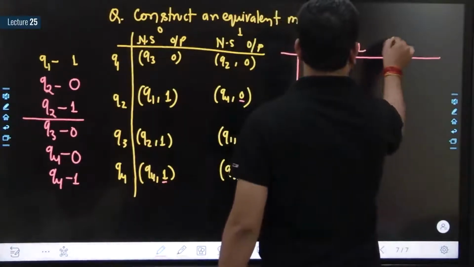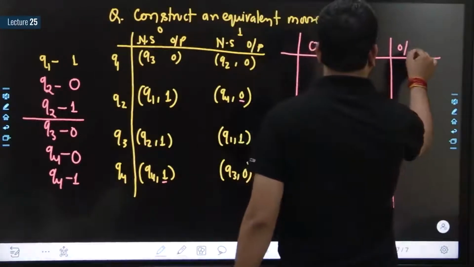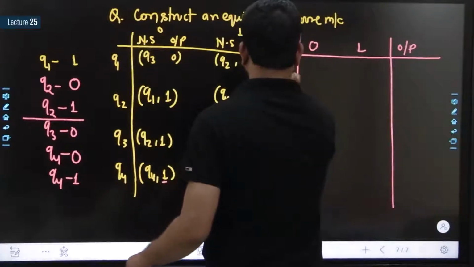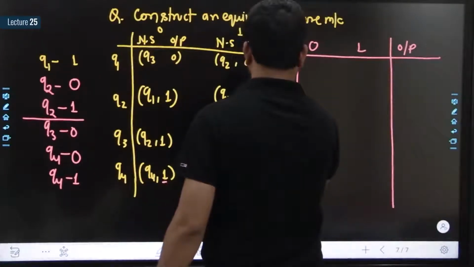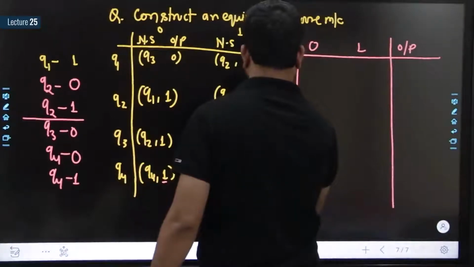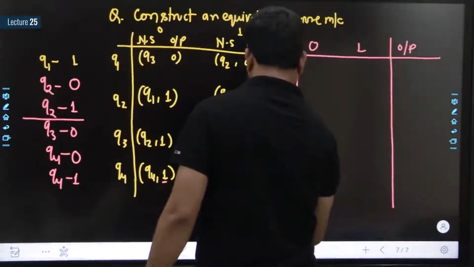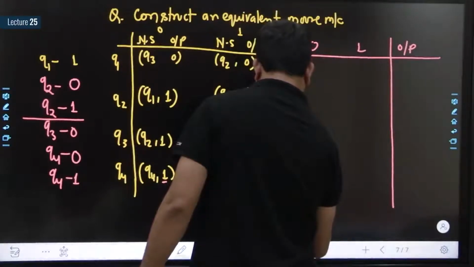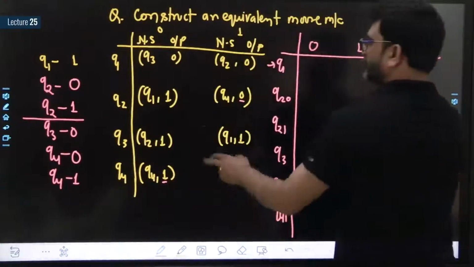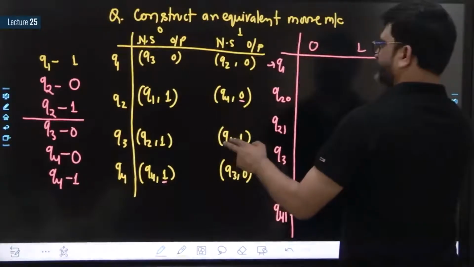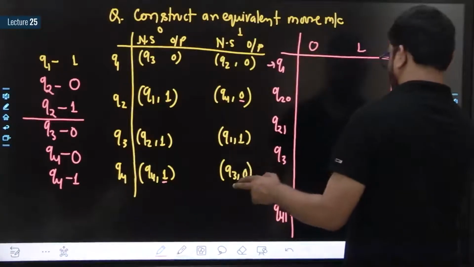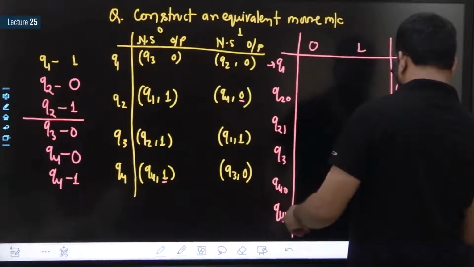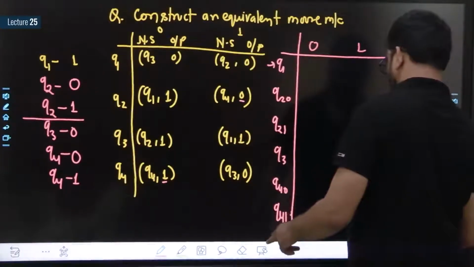0, 1, output. Q1, Q2 0, Q2 1, Q3, Q4 0, Q4 1. Output associated: 1, 0, 1, 0, 0, 1.